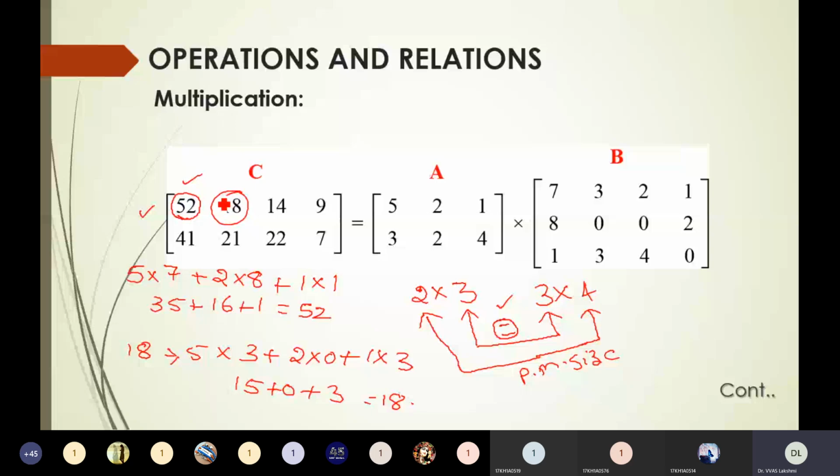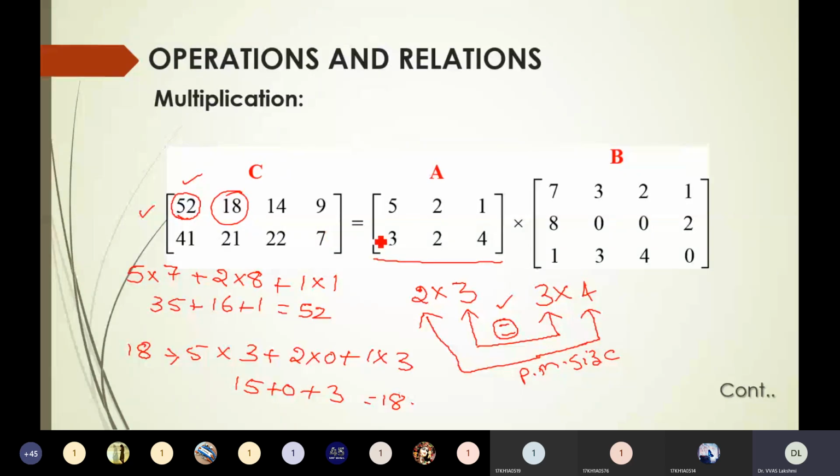Did you complete the remaining calculation? Yes, ma'am. Okay, then we will move to the next one. So note down the problem and calculate. Just note down the problem.